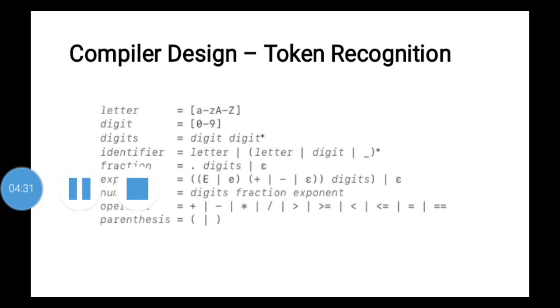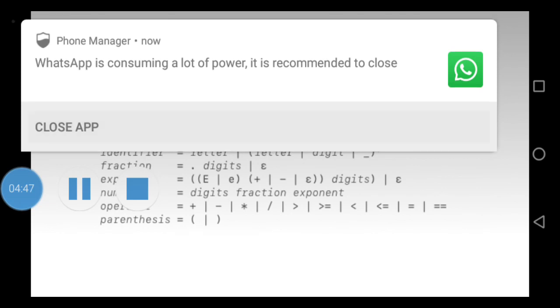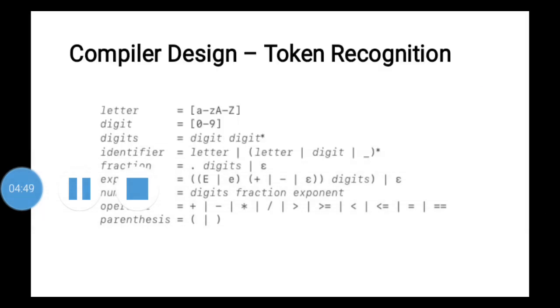Star closure in the sense that it is binding over all possible strings of all possible lengths that can be generated from digits, inclusive of the string of empty length, which is lambda. That means that if you just have one, then one is a digit, then digit star. Of course, you can have one, two. That means that digit star can be anything in any combination in any manner.